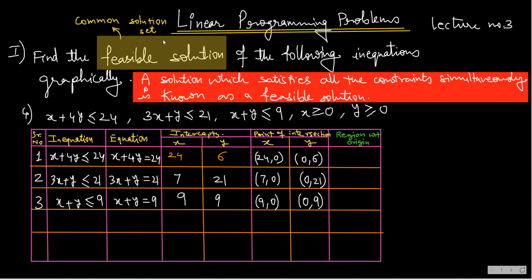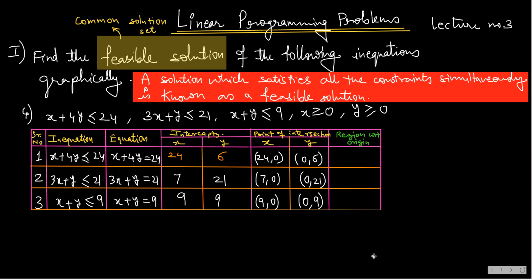Students, in fact, there is no requirement for these two non-negative constraints, because they are only to make us understand that everything will come in the first quadrant. That is the meaning of this. See, this is the y-axis, this is the x-axis.